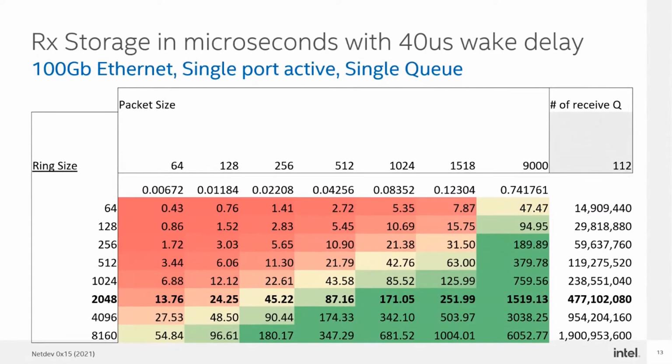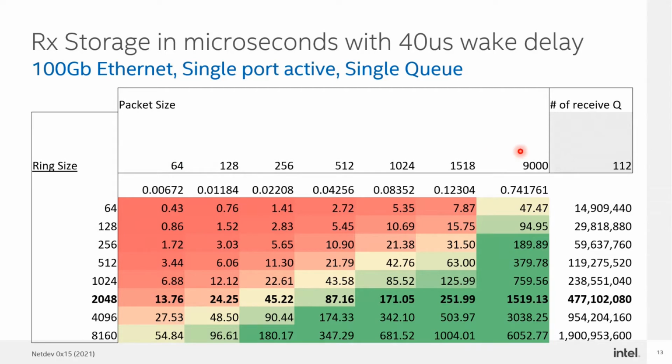This same 40 microsecond delay is now talking about C states, not PC states. So let's look quickly at this chart. On the left side, you have the ring sizes of the different rings. In this case, we highlighted this line because it's 2048 buffers. That's the default for the ice driver with a 100 gigabit card.